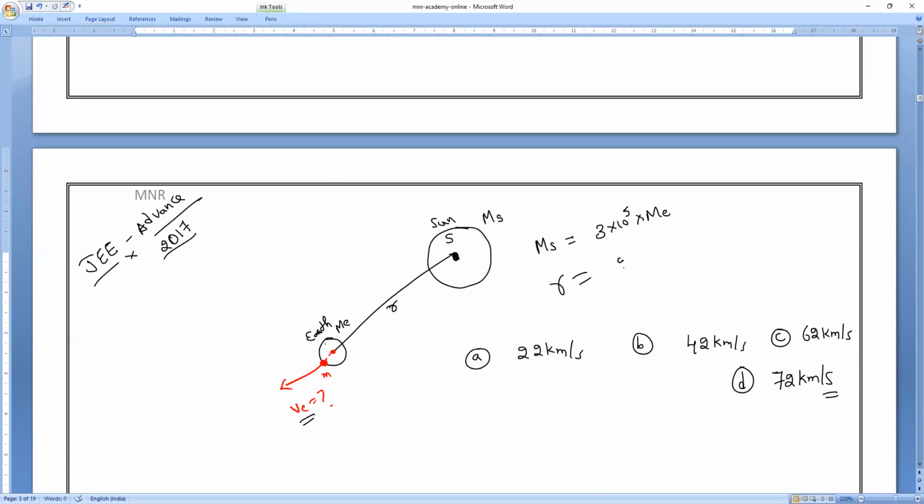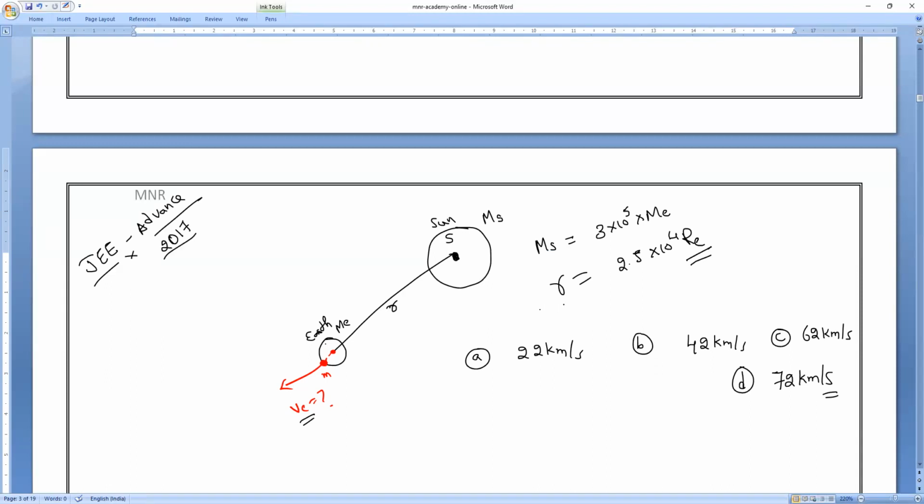R is equal to 2.5 into 10 power 4 times the radius of the earth. That is what you have to remember.